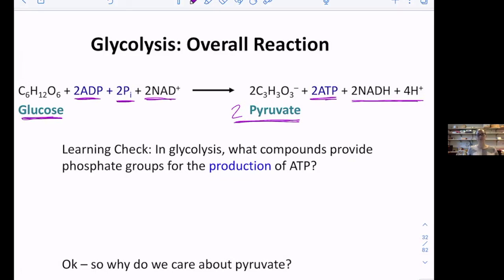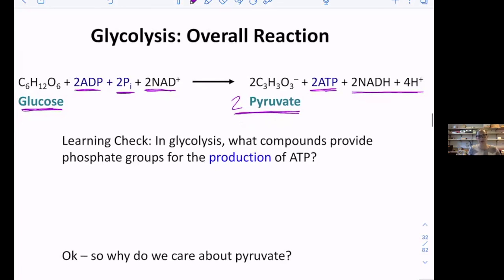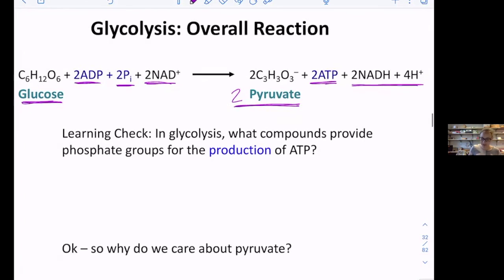So, learning check. In glycolysis, what compounds provide phosphate groups for the production of ATP? So which steps and which compounds produce ATP? What are those high energy molecules that are going to produce ATP?